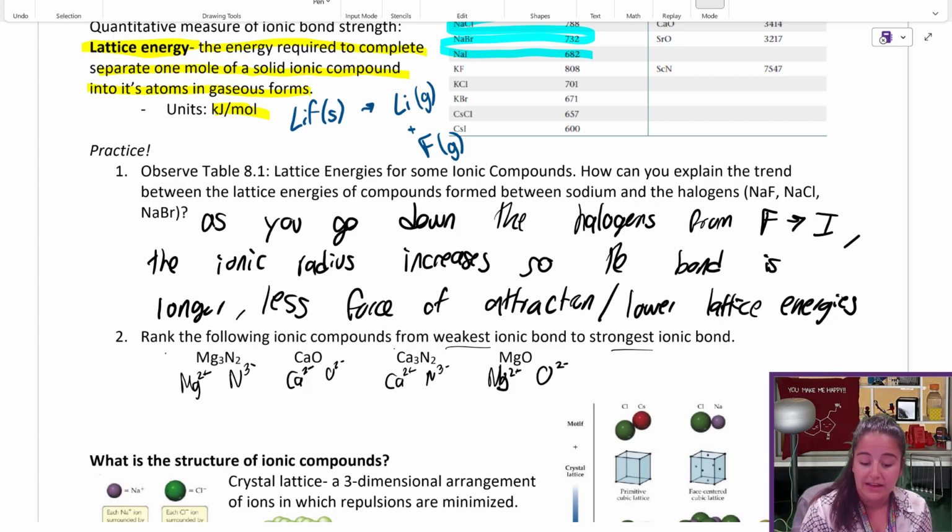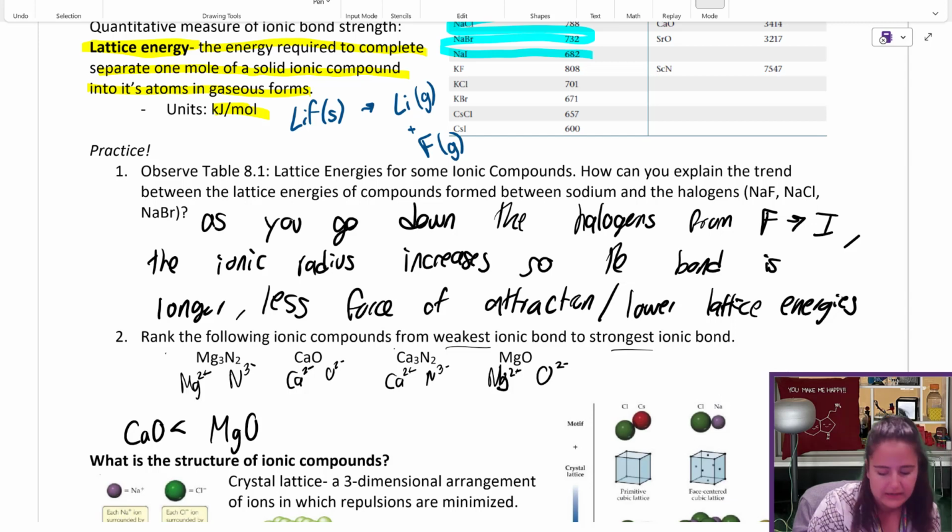If we're comparing calcium oxide to magnesium oxide, we know that calcium oxide is going to be weaker than magnesium oxide, because calcium's a bigger atom, so that bond is going to be bigger. Magnesium's a smaller atom, so those nuclei can get closer and form that stronger bond.